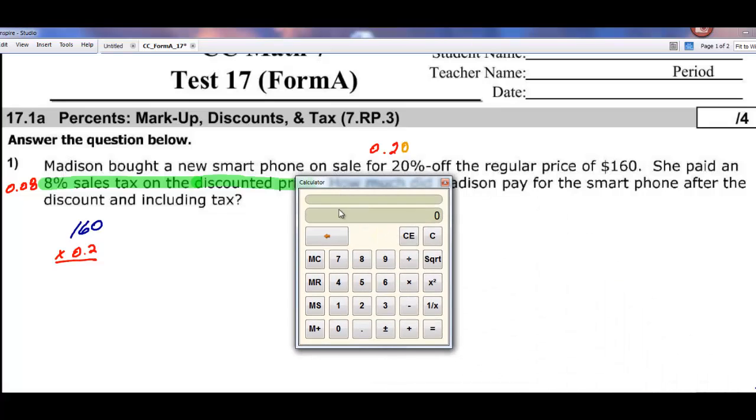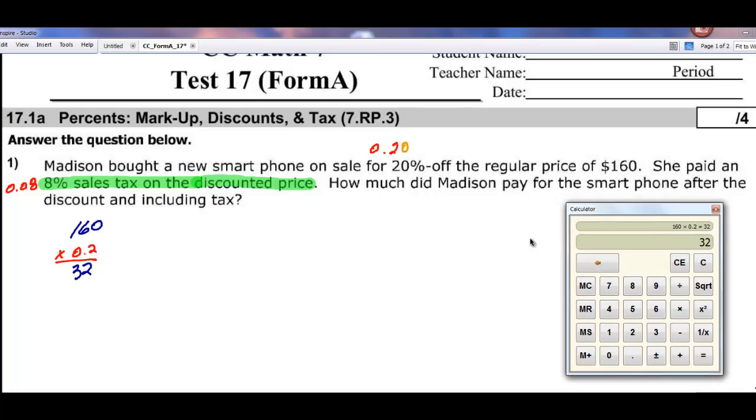So let's bring our calculator in, and we're going to do 160 times 0.2. You can see that right up in our display. 160 times 0.2 equals 32. So let's put that 32 in the problem. And let's make sure we recognize what all of these parts are.